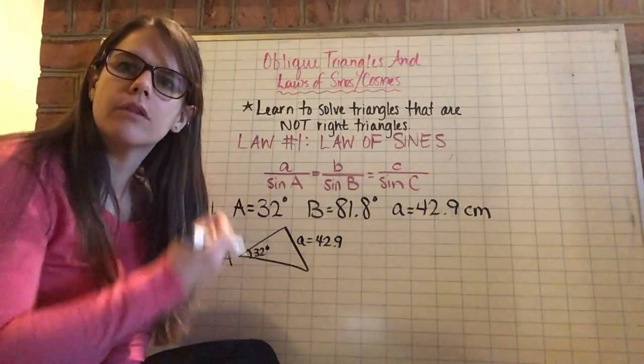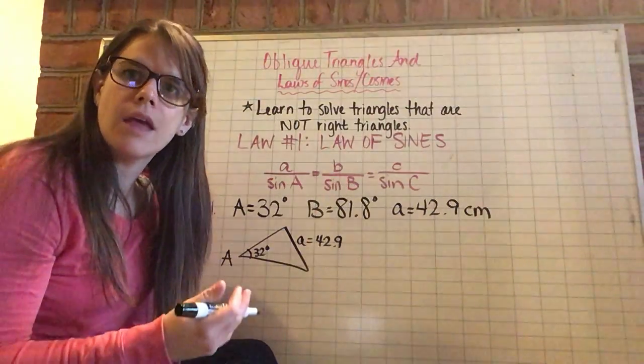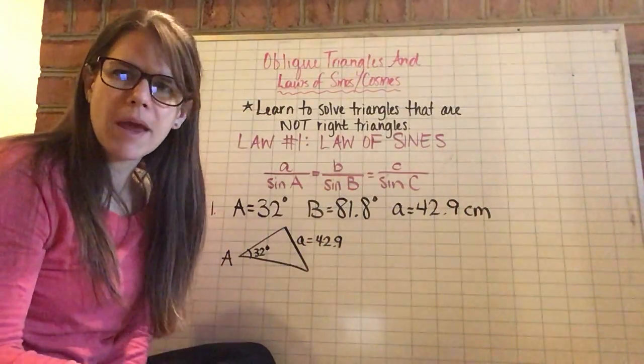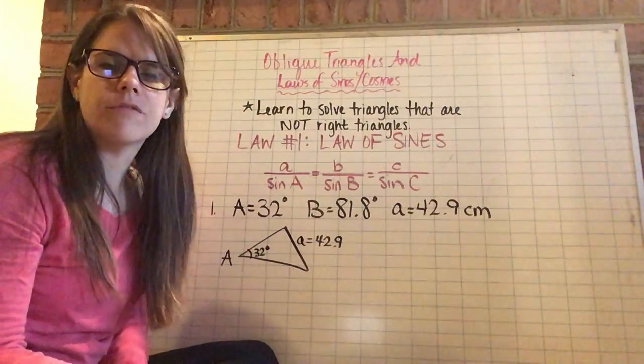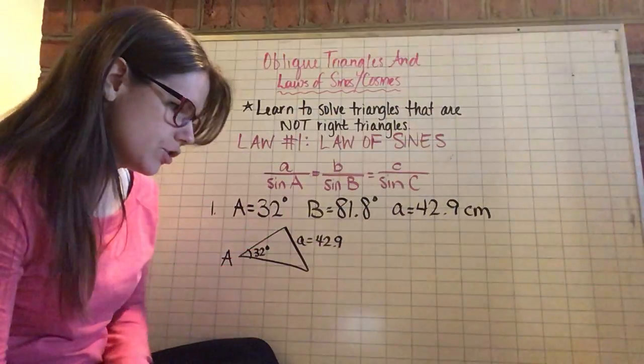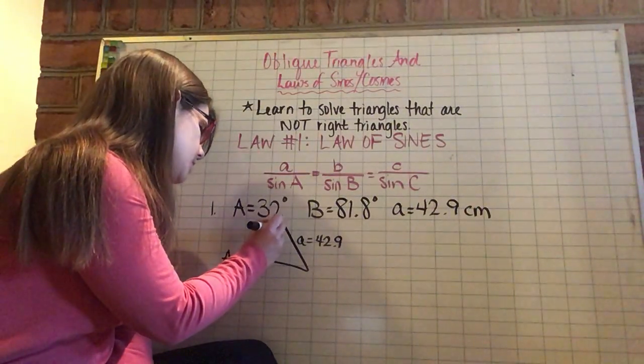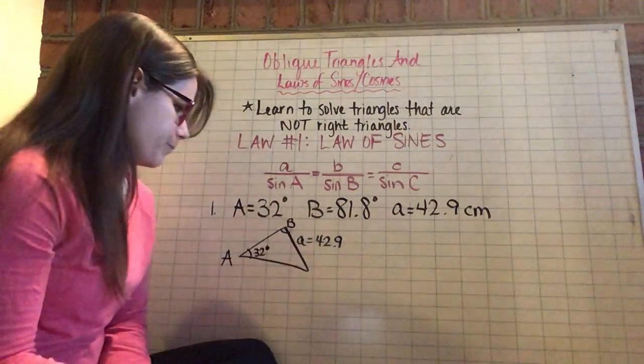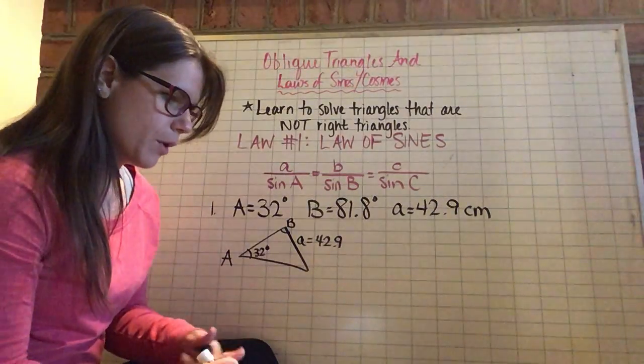So the labels mean something, and the angle is always paired with the opposite side of the triangle, all right? And so this is the relationship we have. I'll put B up here, but that means this is side B, okay?